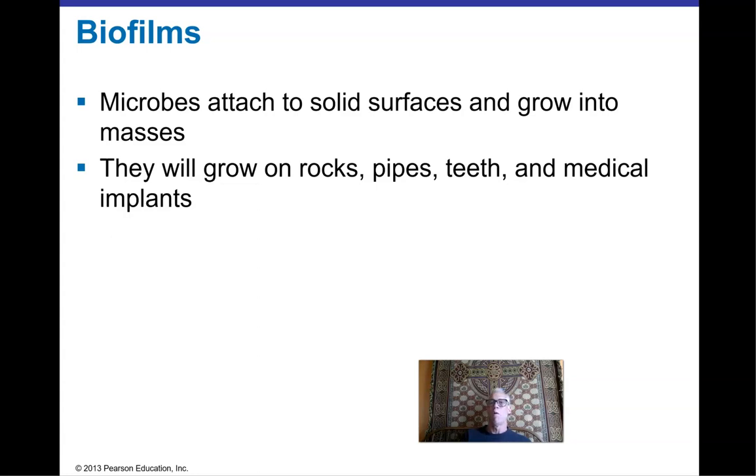And biofilms can grow on organs in your body. They can grow on medical implants, catheters. They can grow on pipes in the plumbing system. They can grow on rocks in a stream. But biofilms provide a haven for microorganisms to live and make them very inaccessible to the immune system or to chemotherapies. So we're going to find out that biofilms are a real big problem in immunology and medicine.